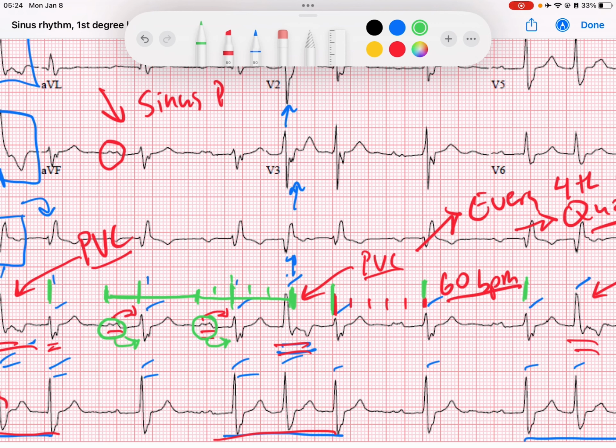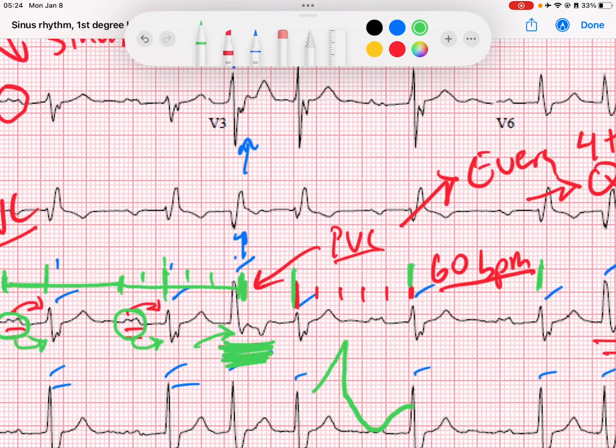Take a look at the T wave of that premature ventricular contraction. Usually PVCs have this slurry wave and then a down-sloping ST segment, but look how notched this is. Our normal P waves, like right here in this lead, are kind of little notchy P waves.